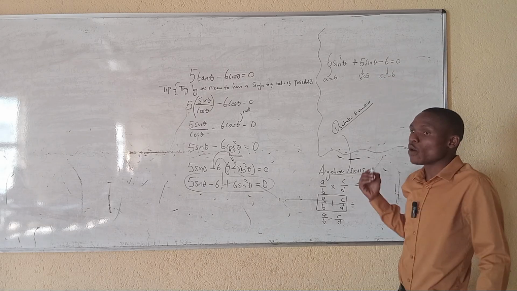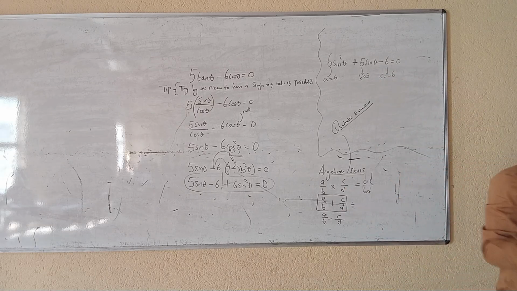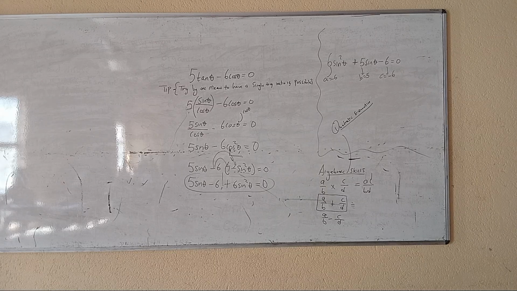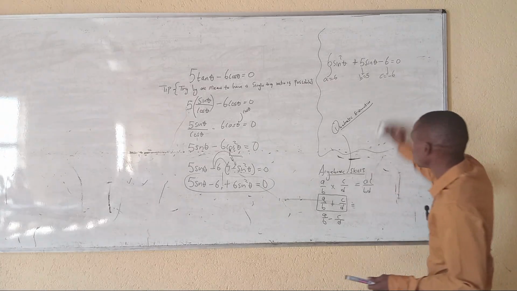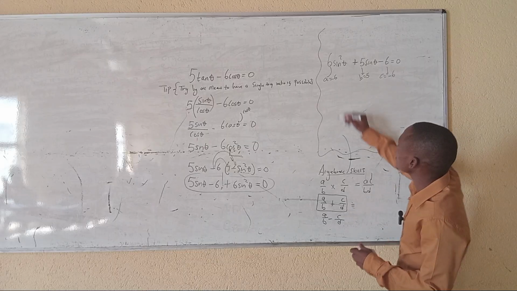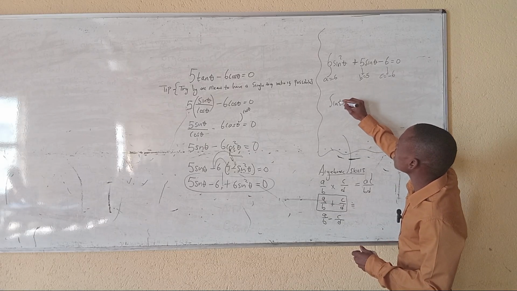So we can now use the quadratic formula. But when you are using the quadratic formula, pay attention. You are not going to say x equals, because we don't have variable x there. That is a quadratic equation of a trig ratio. So we are going to say sine theta equals.